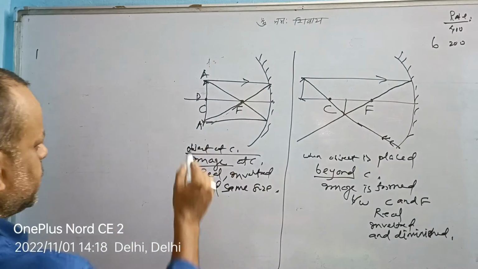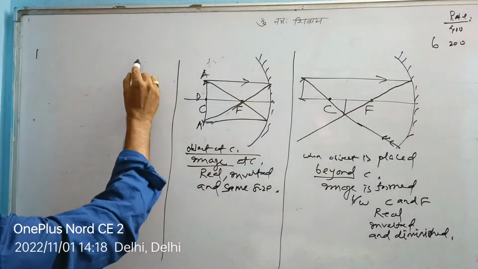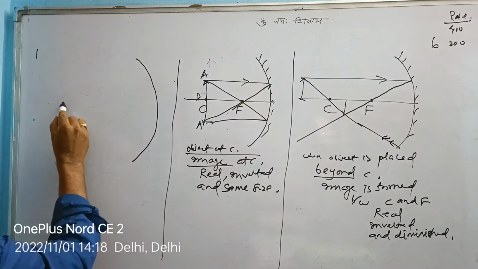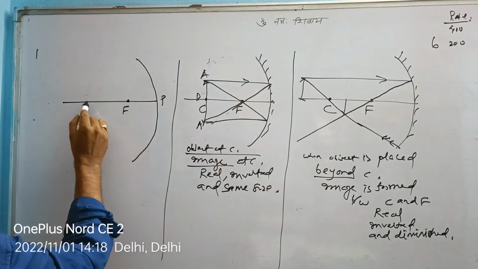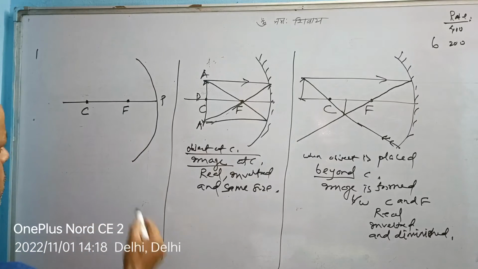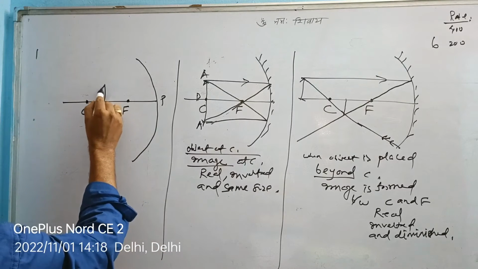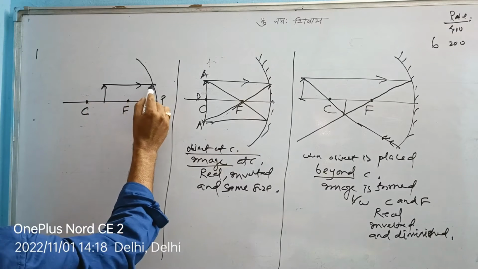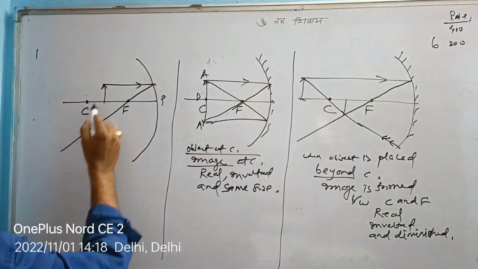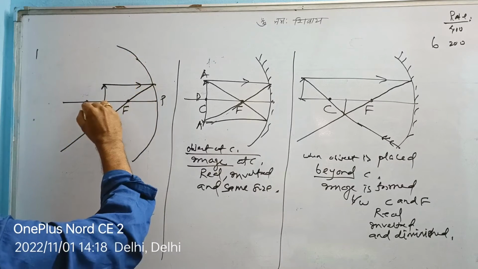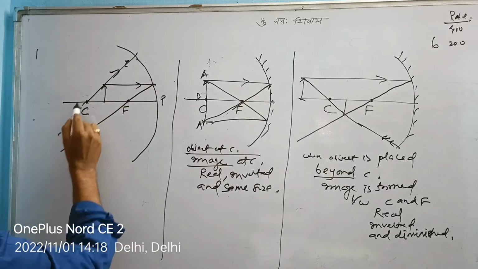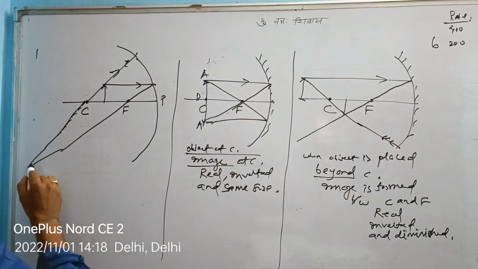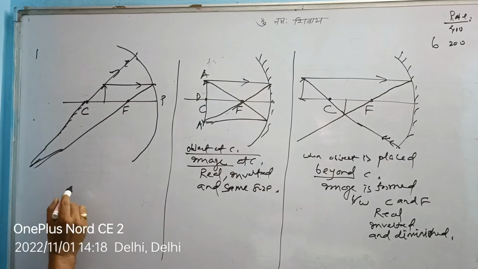Next, we can have the object placed between the center of curvature and the focus. What will happen? If an object is placed over here, the ray will pass through the focus, and let us suppose we pass another through this, it comes out like this.